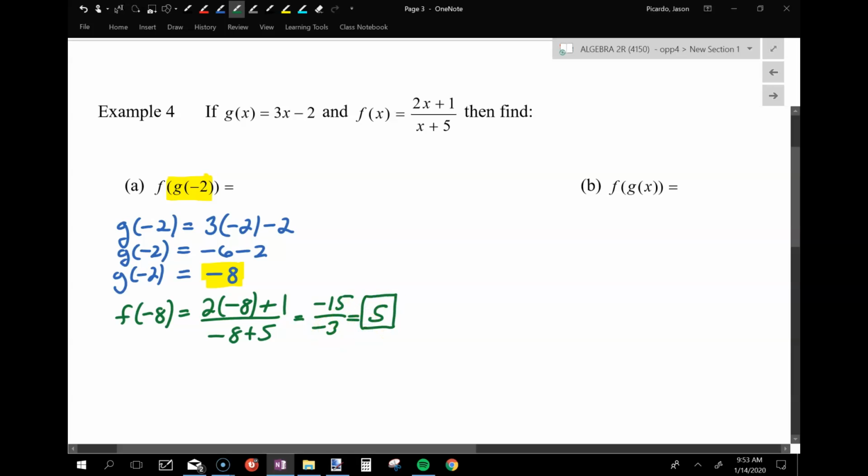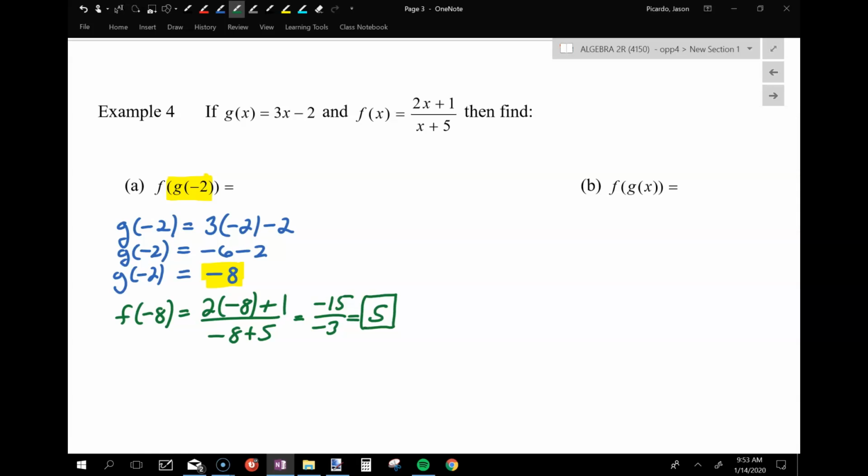That gives me -15 over -3, which is equal to 5. Comprende? Remember doing that?